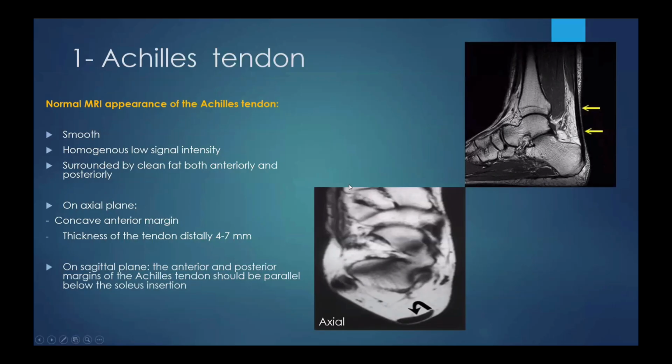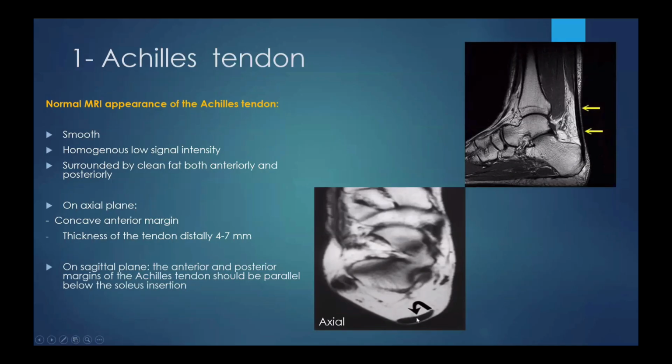How does the Achilles tendon look like on MRI? The normal MRI appearance of the Achilles tendon should be smooth, with low signal intensity on all pulse sequences. It's surrounded by clear fat pads, both anteriorly and posteriorly. On the axial plane, we should have a concave anterior margin of the Achilles tendon, and usually we measure the anterior and posterior dimension.